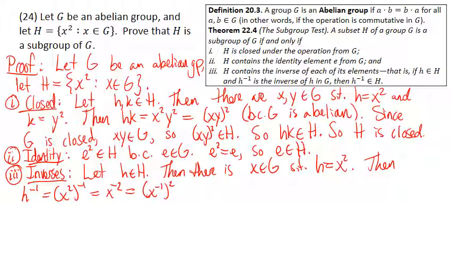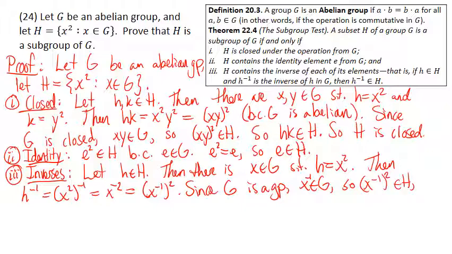Okay, and then since G is a group, x to the negative 1 is in G, so x to the negative 1 squared would be in capital H. So that means h inverse is in capital H. Okay, so H does contain inverses.